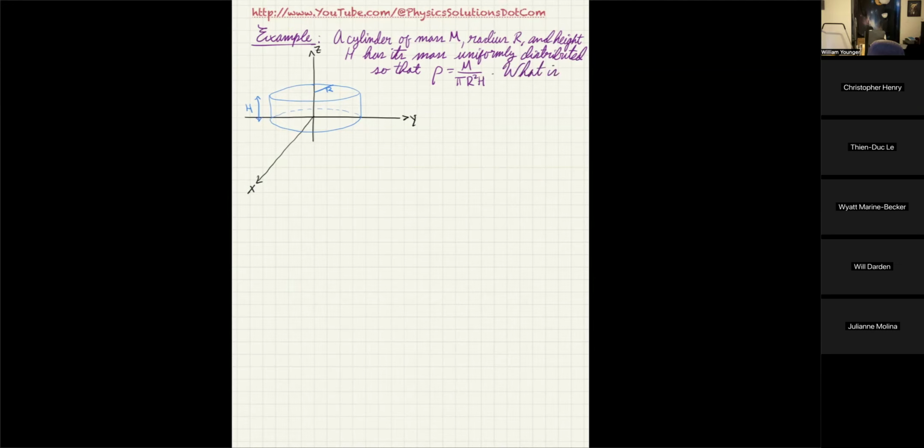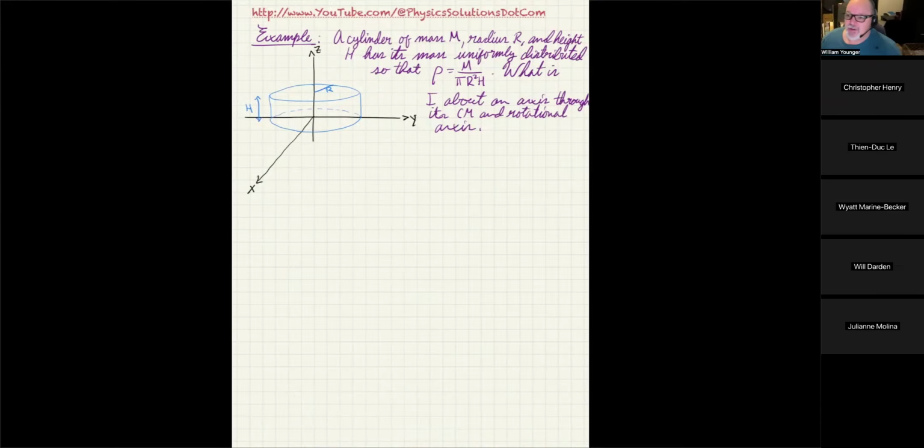What is I about an axis through its rotational, our center of mass, and rotational axis? In other words, an axis of symmetry.